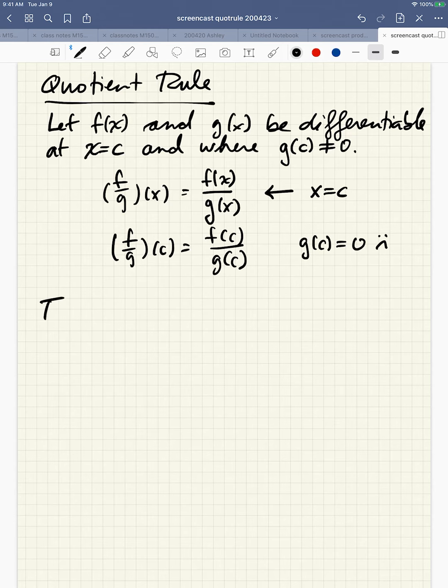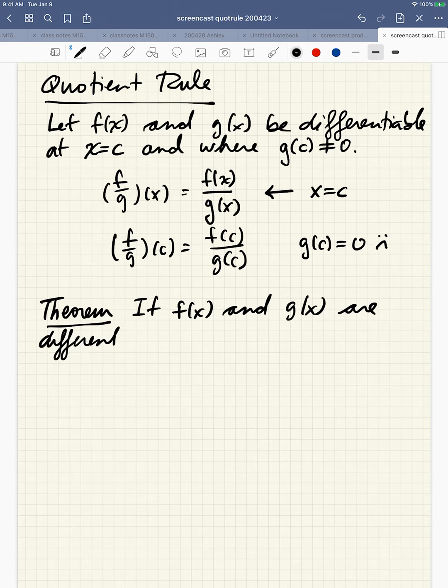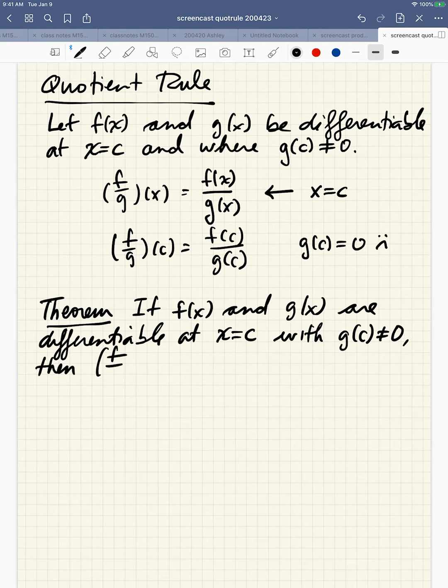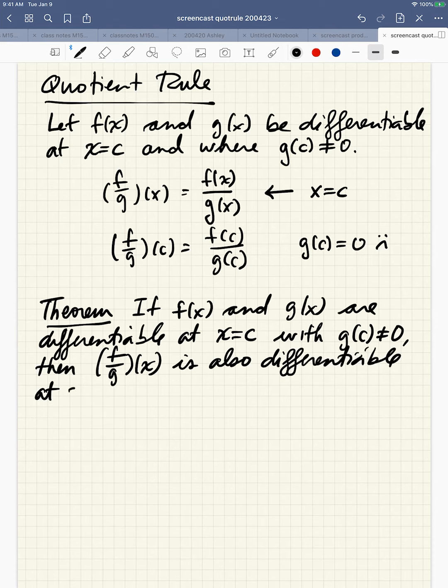So the quotient rule says this. If f of x and g of x are differentiable at x equals c, with g of c not equal to 0, then the quotient function is also differentiable at x equals c.